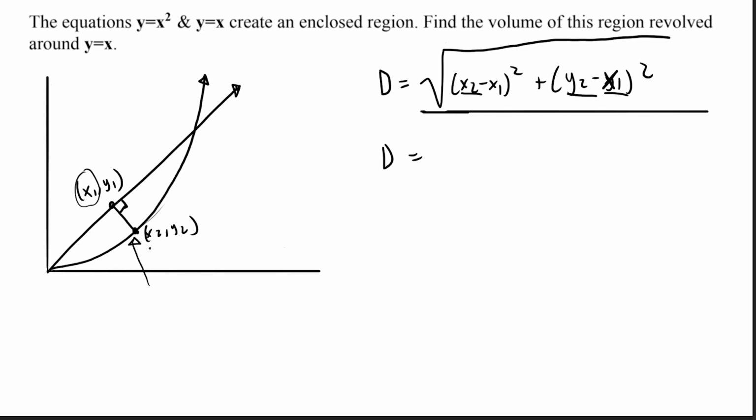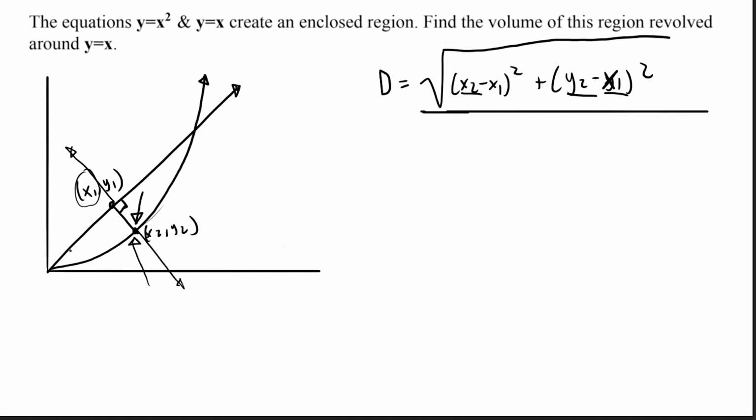So what we can do is find the corresponding perpendicular line that goes through x1, y1, and then find where this line equals the equation y equals x squared. Where the line and the equation equal each other, this will be x2. And then y2 can be derived from that as well.